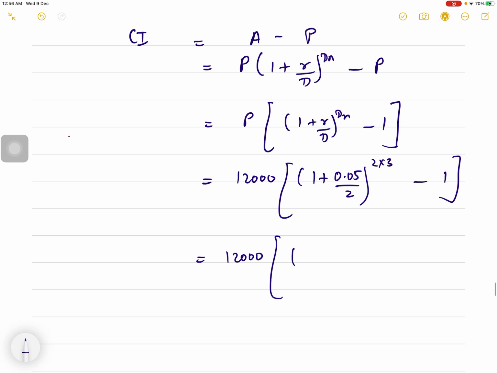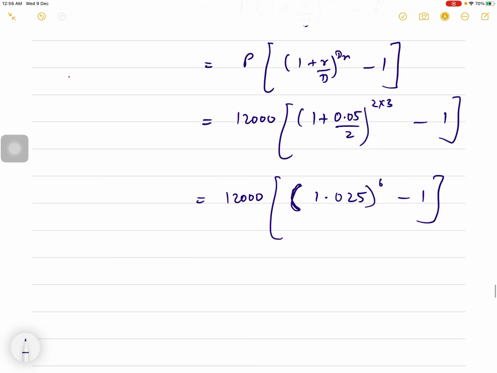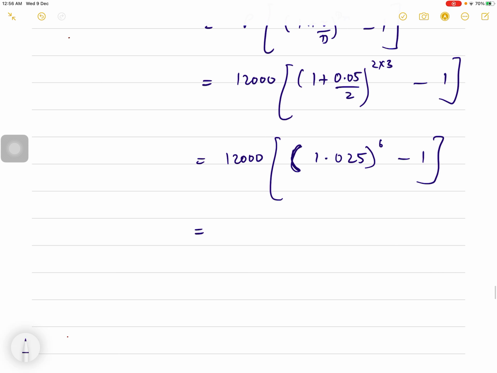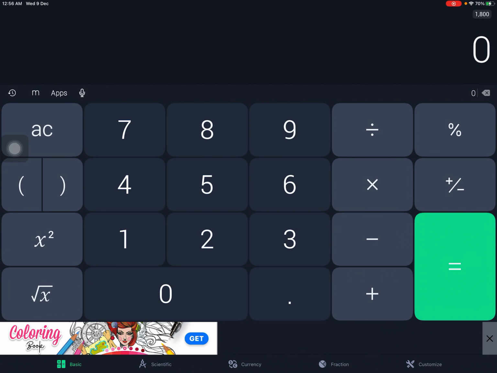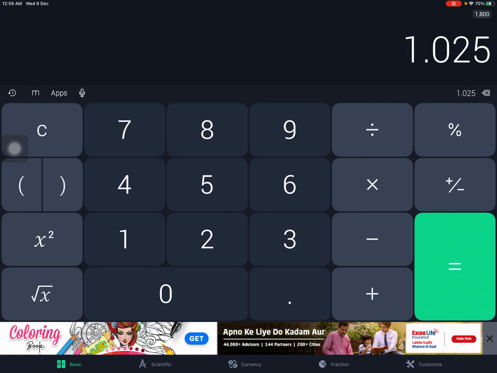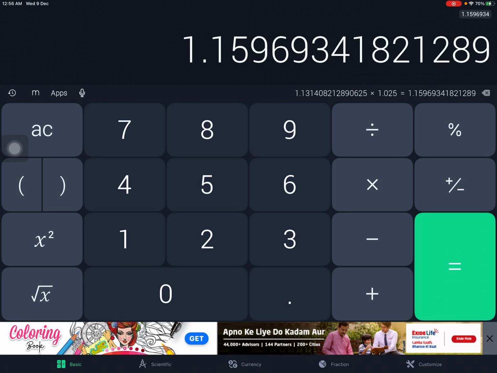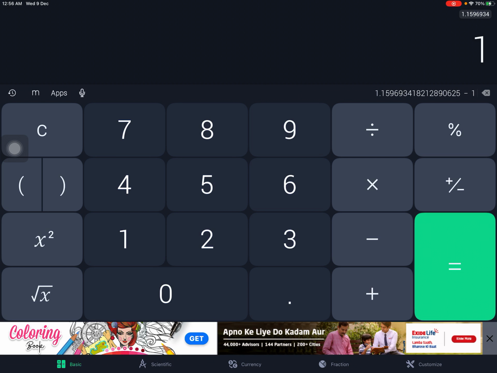So 12,000 in the bracket 1.025, correct? Raised to 6 minus 1. So 1.025 raised to 6, multiplying 2, 3, 4, 5, 6 times, minus 1.